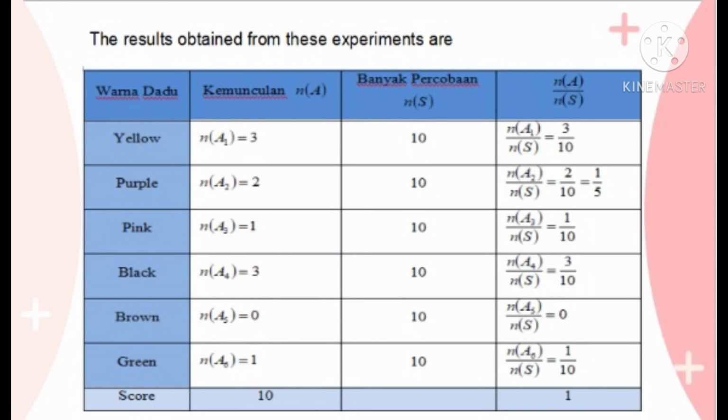The results obtained from this experiment are yellow 3 divided by 10, purple 1 divided by 5, pink 1 divided by 10, black 3 divided by 10, brown 0, green 1 divided by 10.